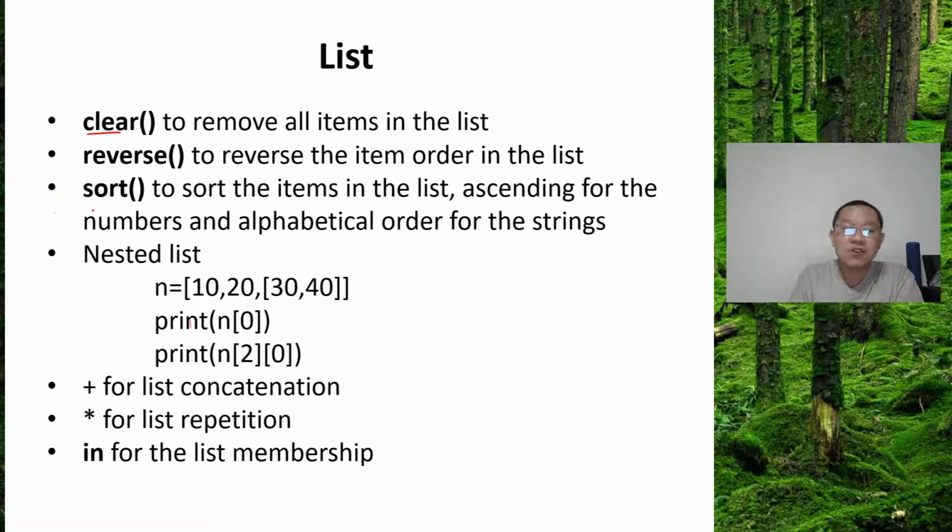You can also sort the items. The sorting function will vary its action depending on whether the items are numbers or alphabets in a string. So if they are numbers, they will be sorted from small number to large number. If they are strings, they will be sorted alphabetically.